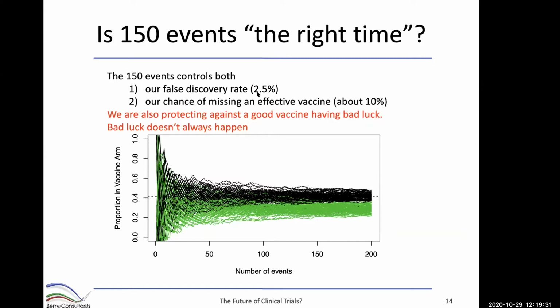Obviously, we do this on a percentile basis, controlling our type 1 error, 2.5%, and we want to control our type 2 error as well. So we're waiting for these to separate enough that we feel confident we're going to be able to tell the answer. If the vaccine ends up down here, yes, it works. If the vaccine ends up here, then no, it doesn't. So we're waiting for these to separate.